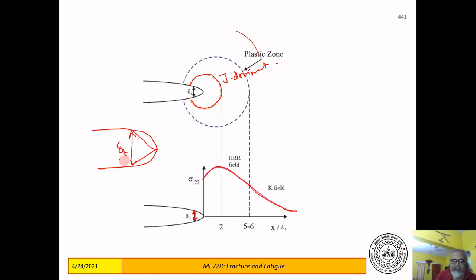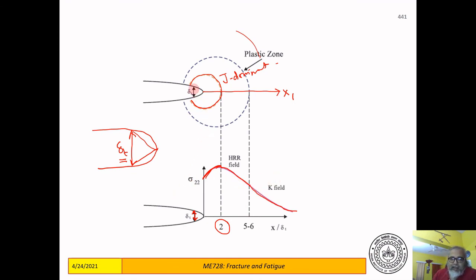If you normalize the distance ahead of the crack tip with this delta t, then at about 2 delta t, your large deformation region ends. So this large deformation region is of the size of roughly 2 delta t. At 5 to 6 delta t, your HRR fields extend, and then you may or may not have a K field.